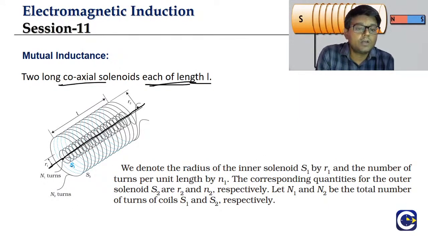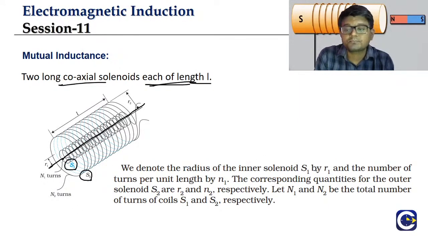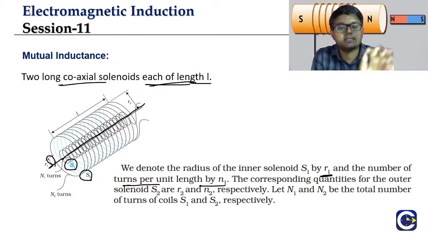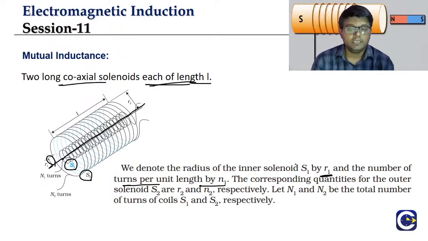There are solenoids S1 and S2. S1 is the coil which is inside, with radius R1 and number of turns per unit length n1. Always we are using the subscript n. The second coil has radius R2 and n2 turns per unit length.